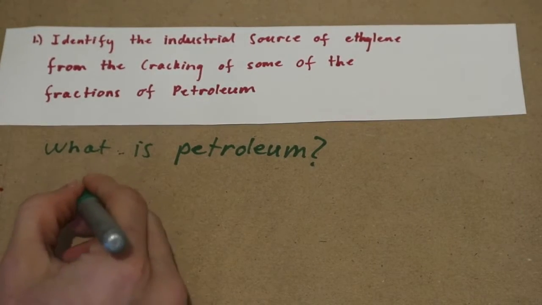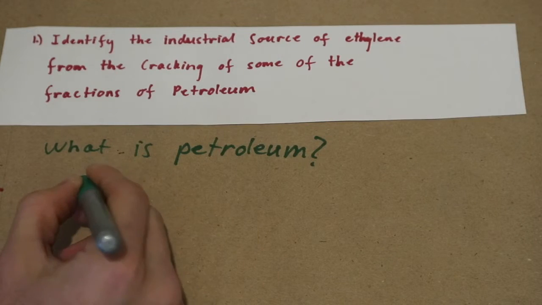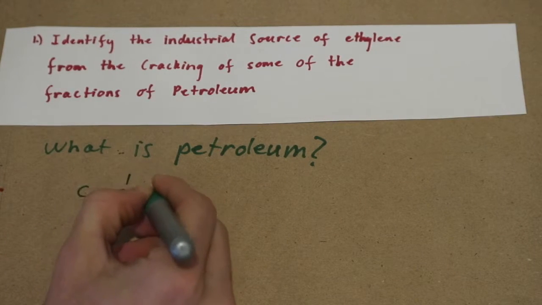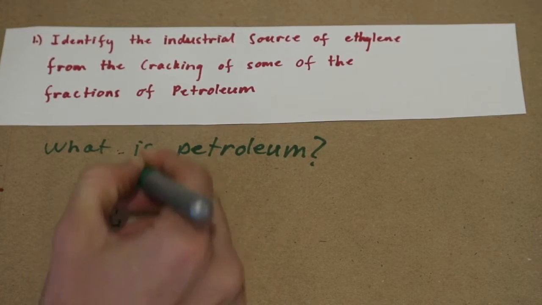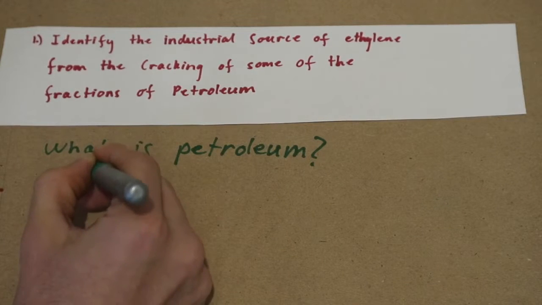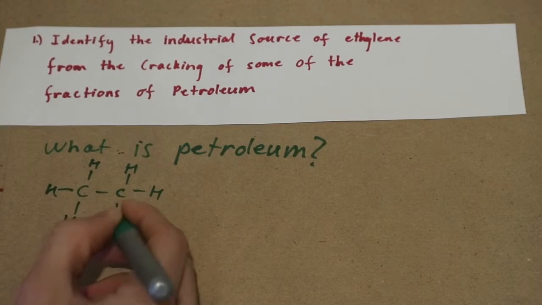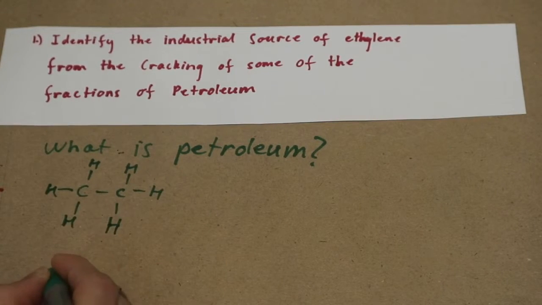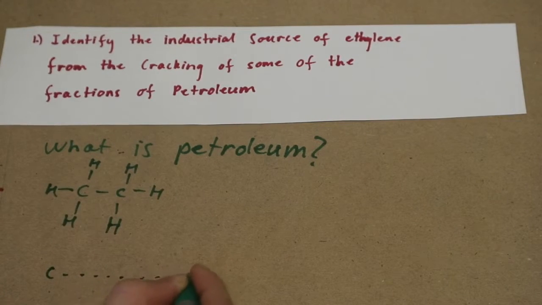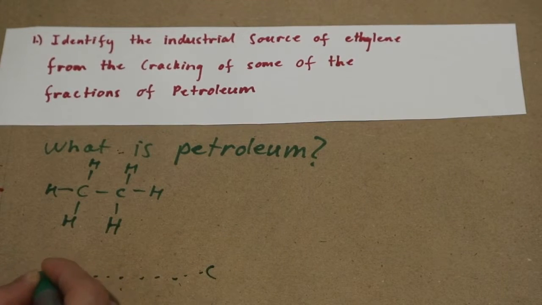So we can have relatively short hydrocarbons. So this is one here. This one here is something you may have come across before. This is ethane. Or we can have really, really long ones, carbons and carbons and carbons long.